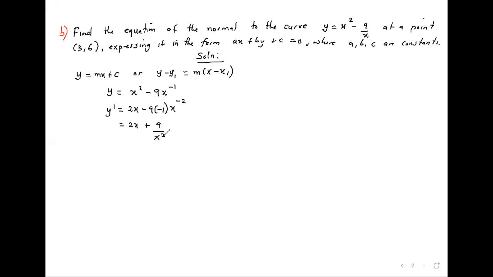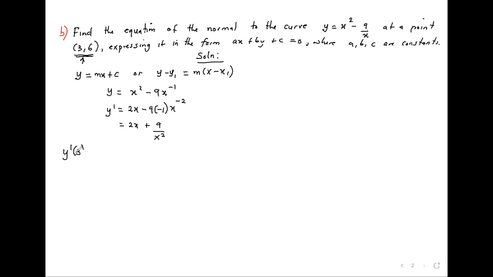Then you equate the first derivative to 0 if you don't have this point and you are told that m is 0. Now here we are looking for m. So in the first derivative, you get the value of x from this point.